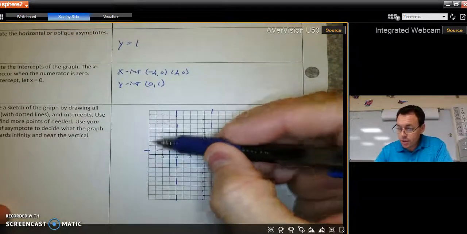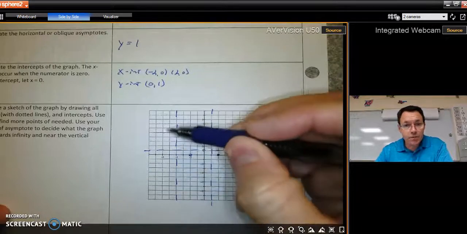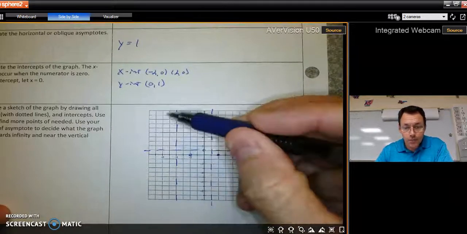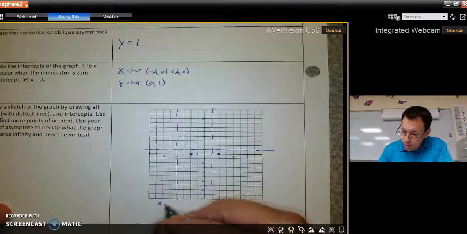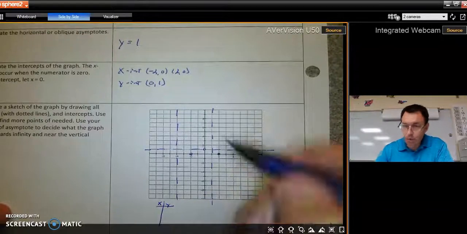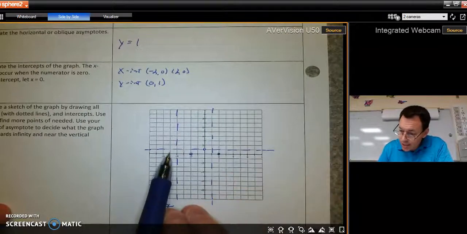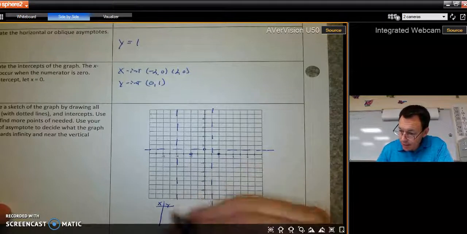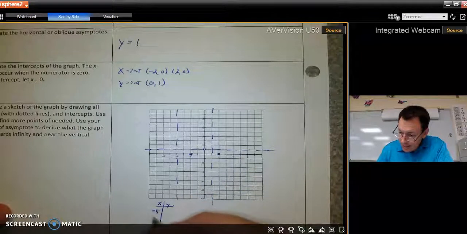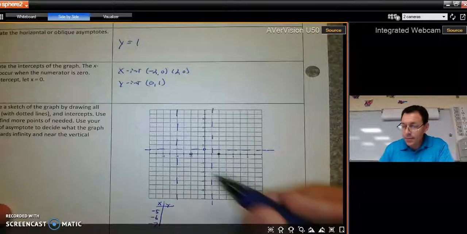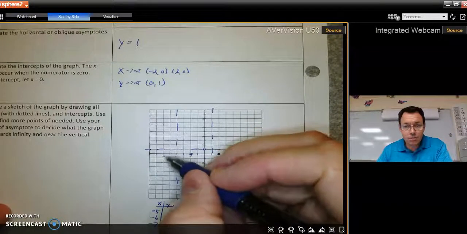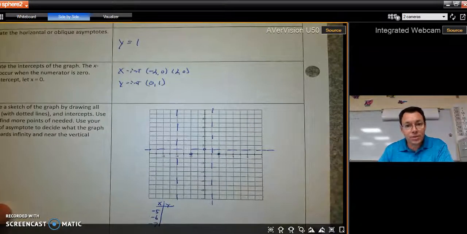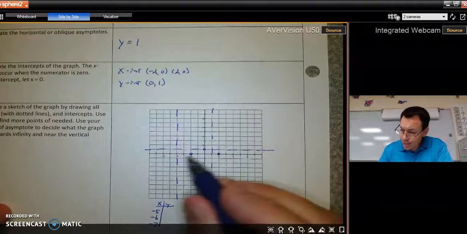But let me tell you this right now. Just like when we did piecewise graphs, if you want to know what is going on over here, then just do a t-chart for our original function using these x values right here. So I could plug in a -5, a -6, a -7, and I could get some points that would give me an idea of what this graph's going to do. Same thing here.